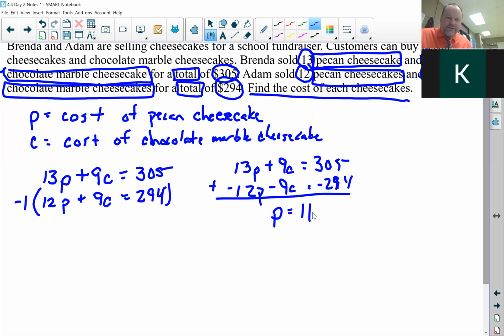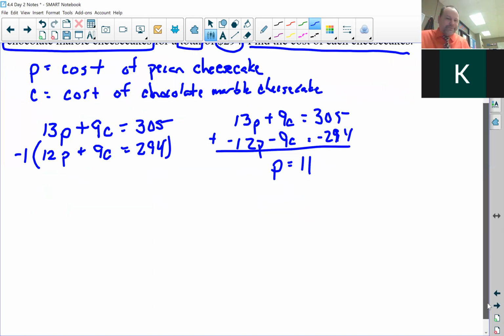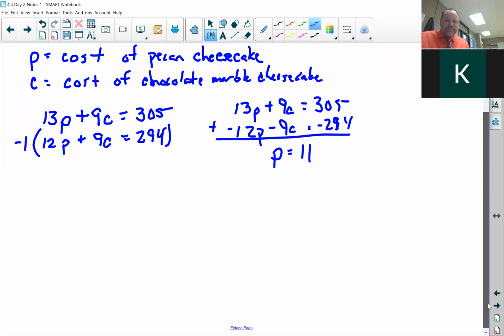Now I would like to find the cost for the chocolate marble cheesecakes. So I'm going to take 11 and plug it into one of my two equations and solve for C. Again, it doesn't matter which one you choose. I would probably choose the second one because it does have a little bit smaller numbers.